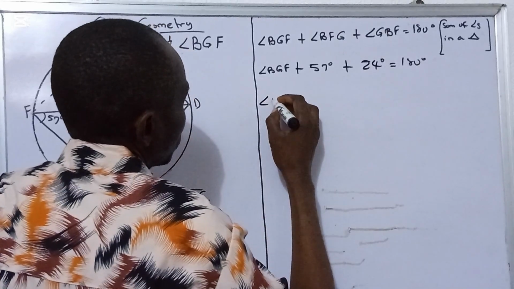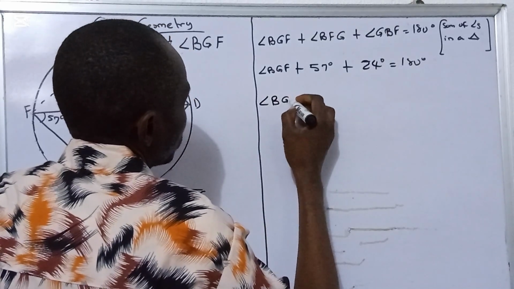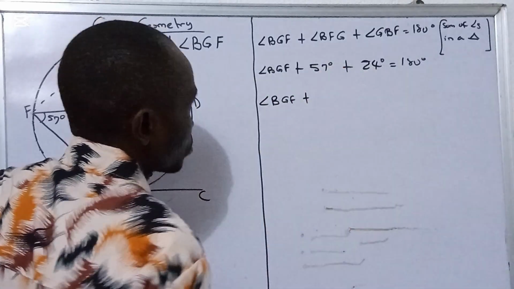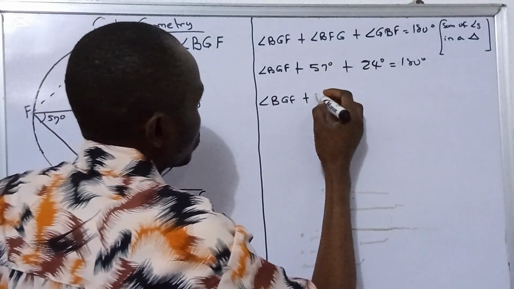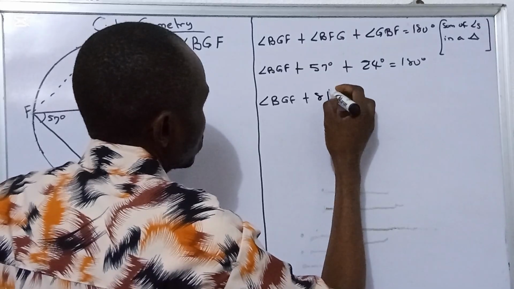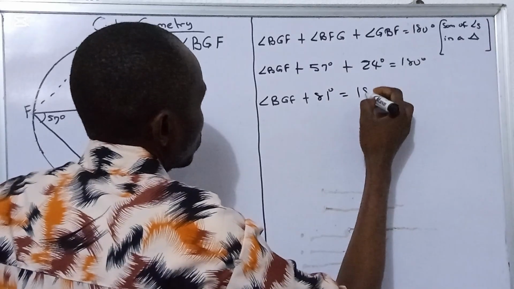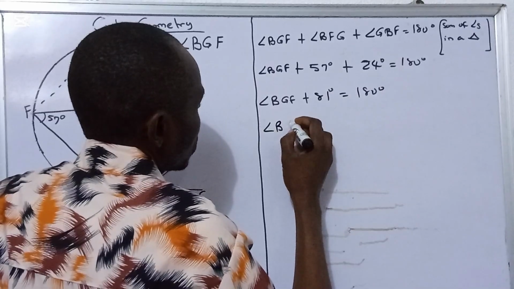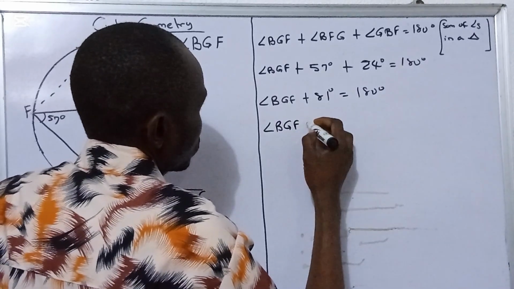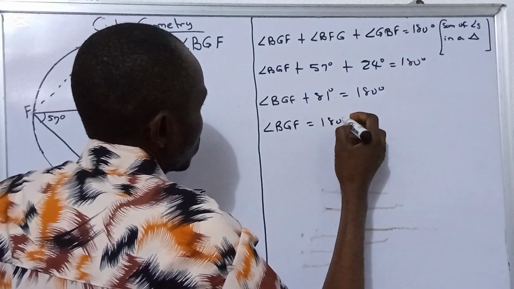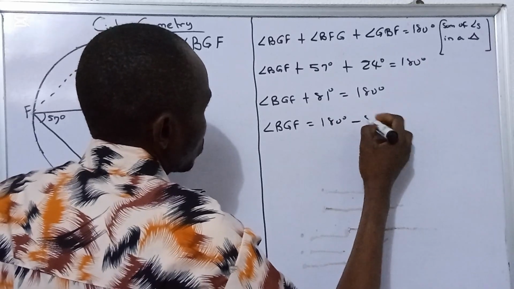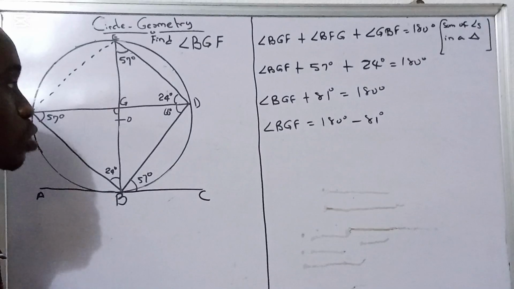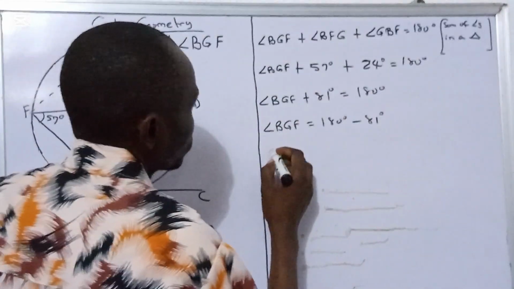So let's do our arithmetic: angle G plus 57 plus 24, which is 81 degrees, equals 180 degrees. So angle G, as the reference angle, is 180 degrees minus 81 degrees.